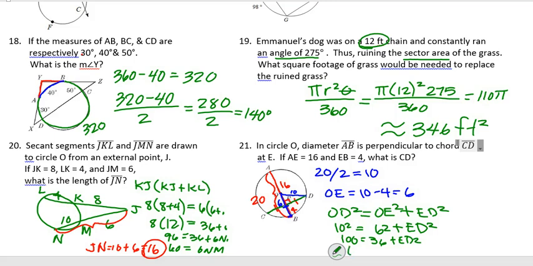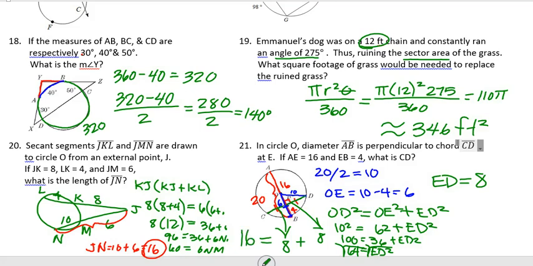So that would be 64. When I subtract the 36, that's ED squared. I'm going to take the square root of both sides. So ED would be equal to the square root of 64, which is 8. So that means that this measure right here is 8, which means this measure right here is 8, and 8 plus 8 is what? 16.